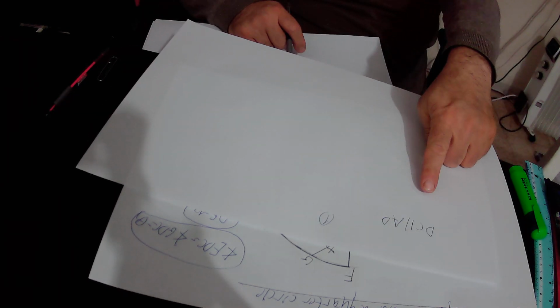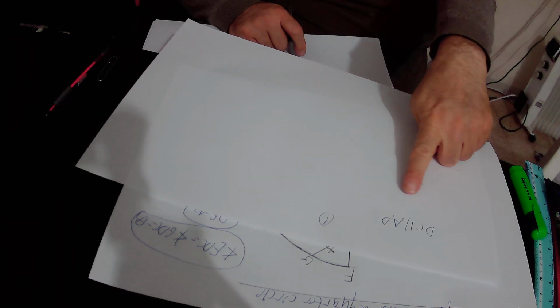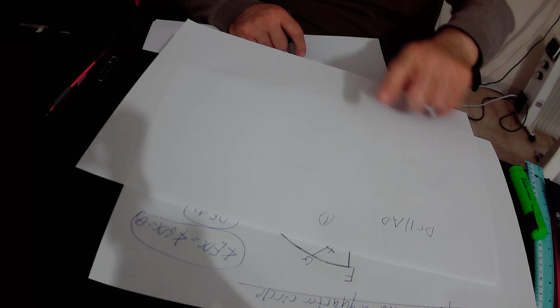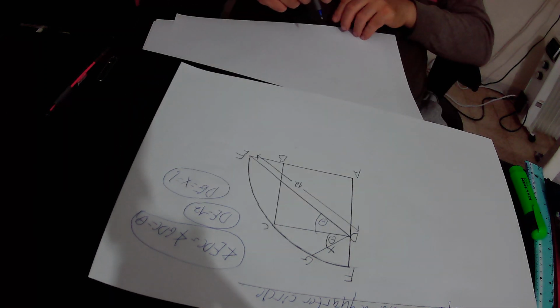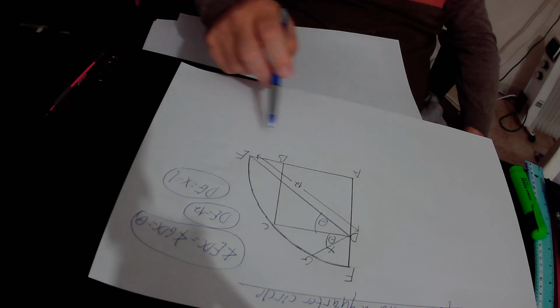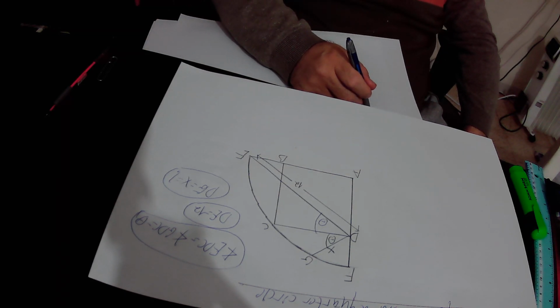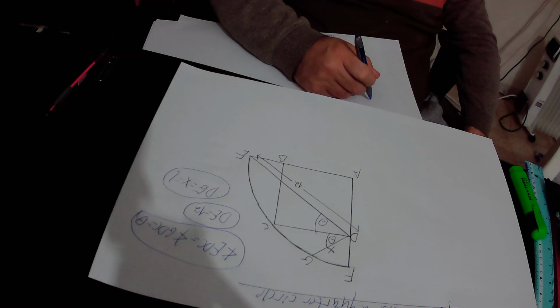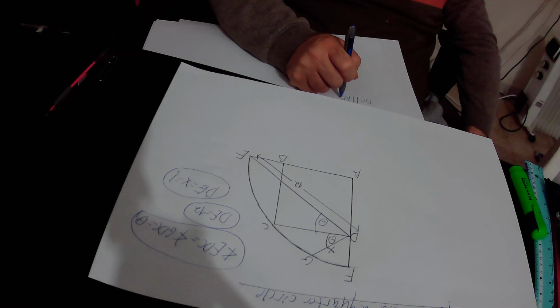Again, in square ABCD, side DC is parallel to side AD, and therefore DC must also be parallel to AE.